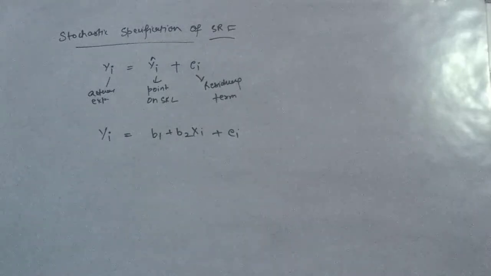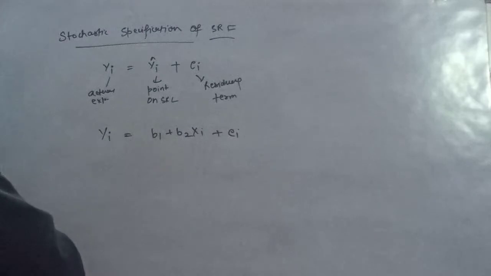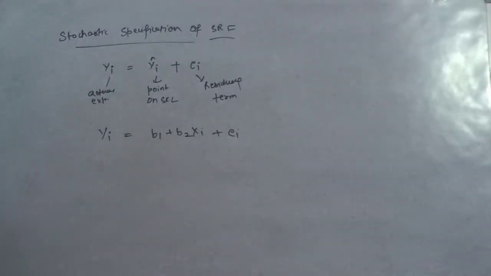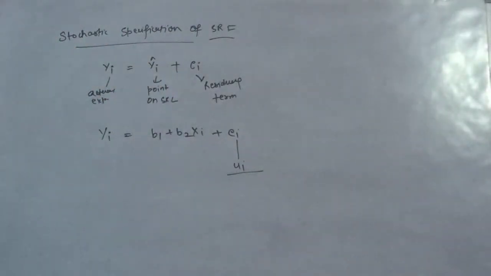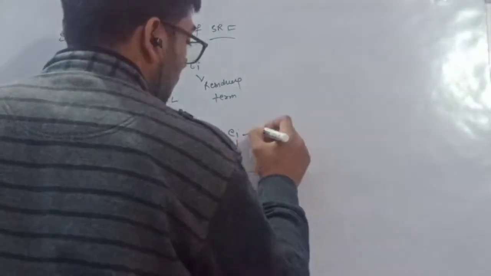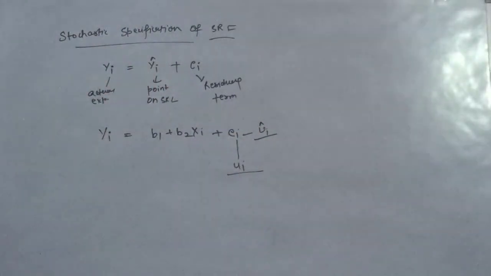Now b1 is an estimator of beta 1, b2 is an estimator of beta 2, ei is an estimator of ui, or we can say ei is also ui hat, same thing.